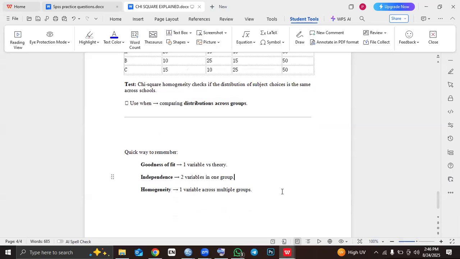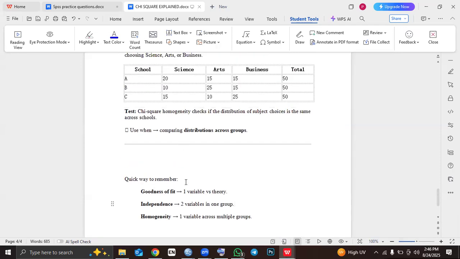So goodness of fit is just one variable with a theory. Independence is comparing 2 variables in a group. And homogeneity is 1 variable across multiple groups.